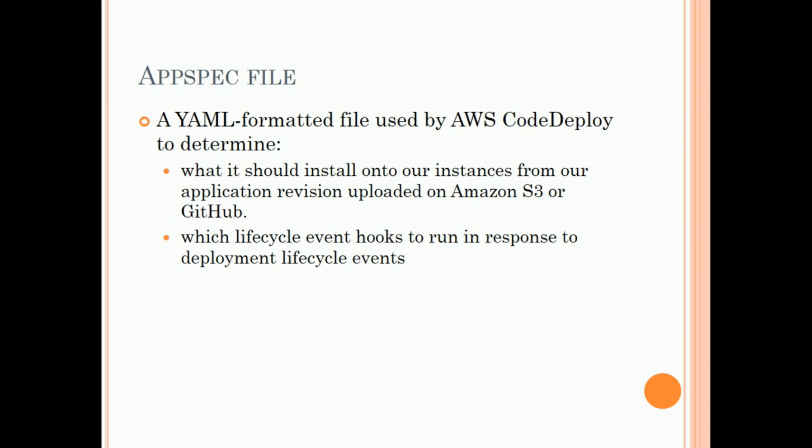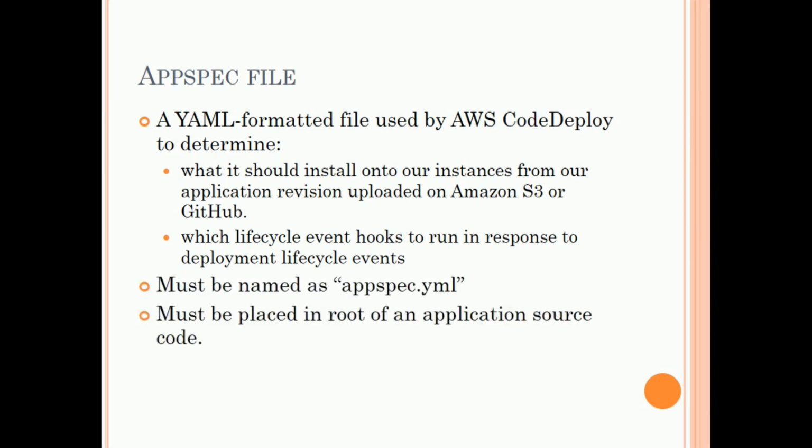That we will see in the next slide. It must be named appspec.yml and it should be placed in the root of the application source code. If it is not placed in the root of the application source code, the deployment will fail. So this is a must condition for the deployment to be successfully completed.